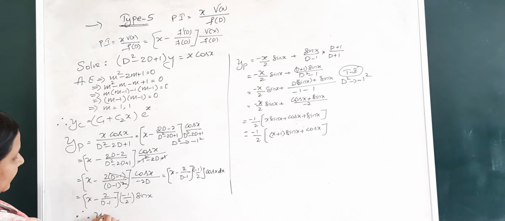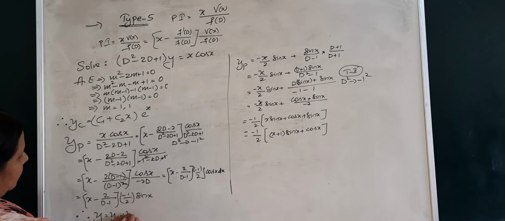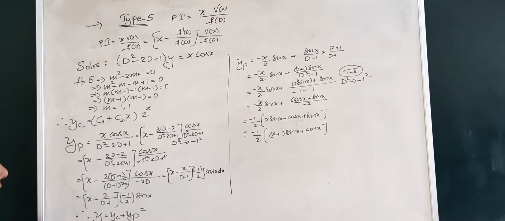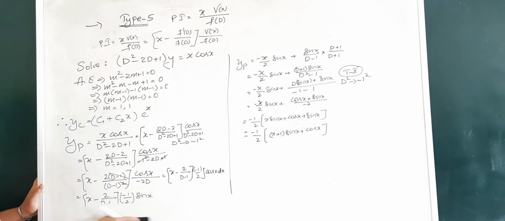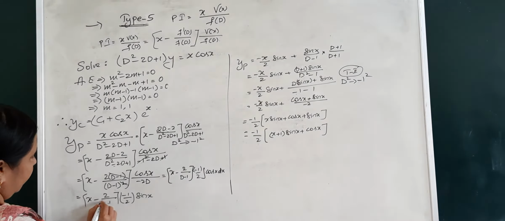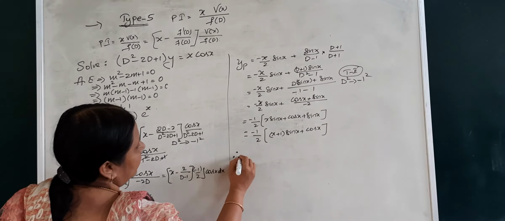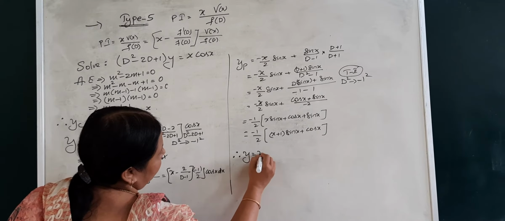Therefore, what is the final solution? y is equal to yc plus yp. What is my yc? My yc therefore is equal to, I don't know whether it is visible or not, but better let me write it here. Okay, so here only I will write the complete solution.